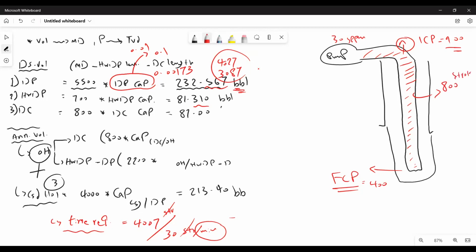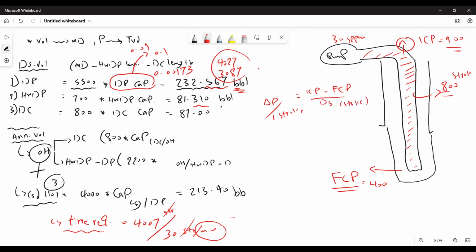If we pump 1 stroke, 2 strokes, 50, 100, 200 strokes, how much pressure will be dropped? First, you need to calculate pressure drop per 1 stroke. How to get it? Take ICP minus FCP over the real string volume in strokes, this one, 800 strokes.